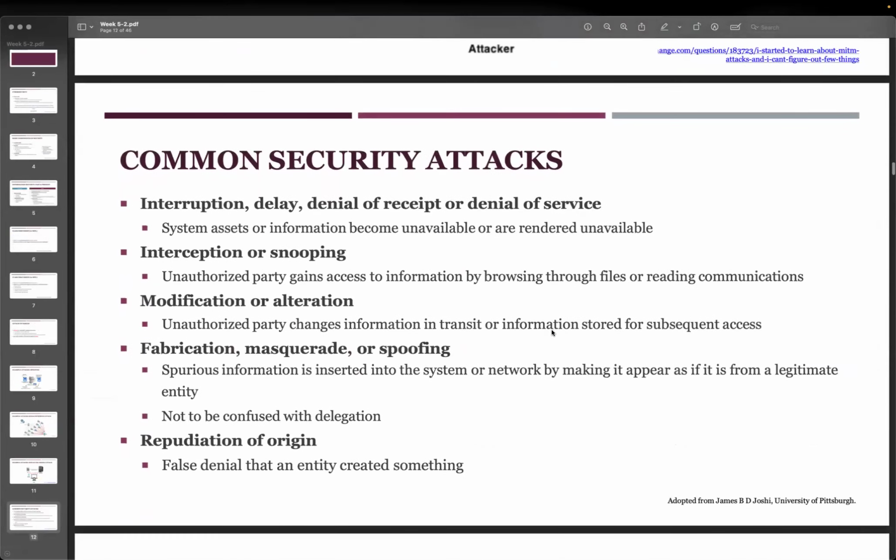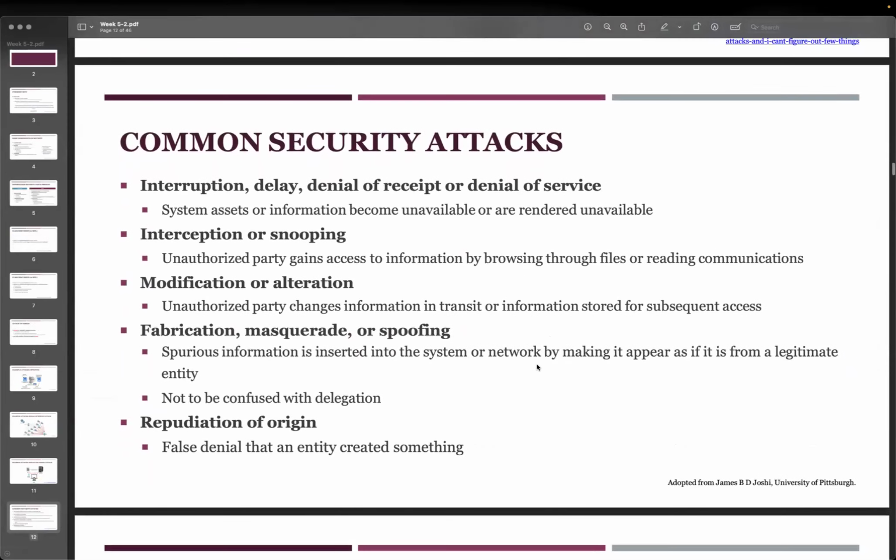So here are the reasons. Pretty common security attacks include interruption, delay, and denial of service, where they try to make the system or access unavailable.